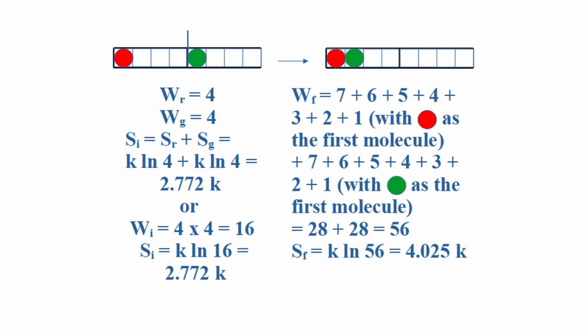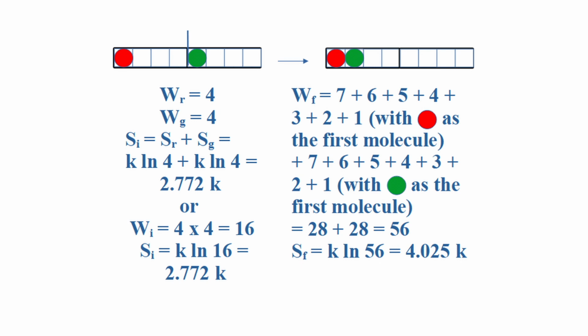Next, the first molecule can be green and the number of possible microstates with red being the second is also the same 28 as before. In this case, since the positions are fixed and the molecules are distinguishable, the red-green sequence is not the same as the green-red sequence.